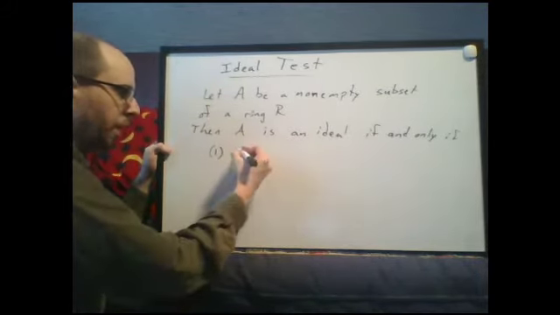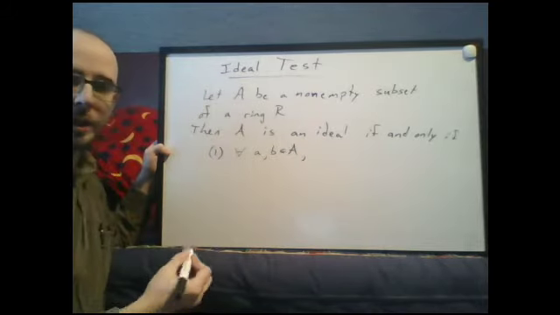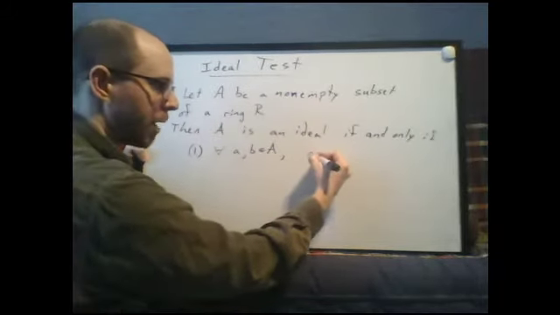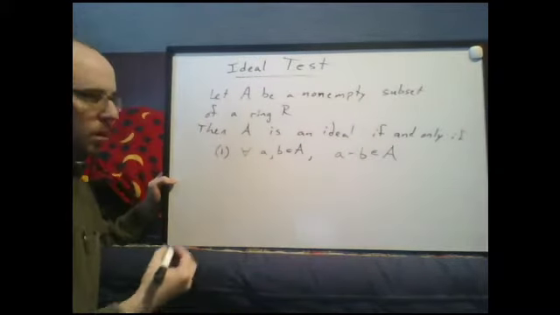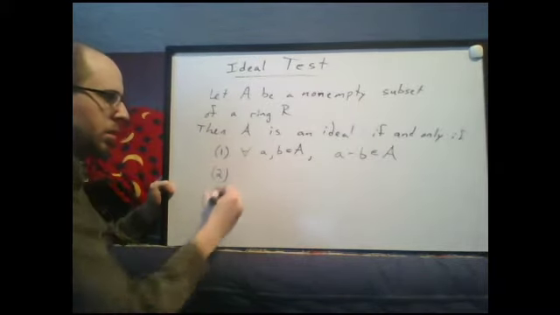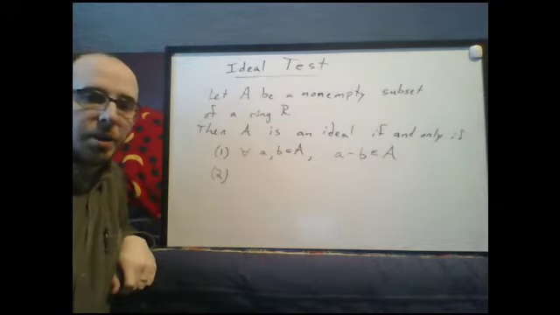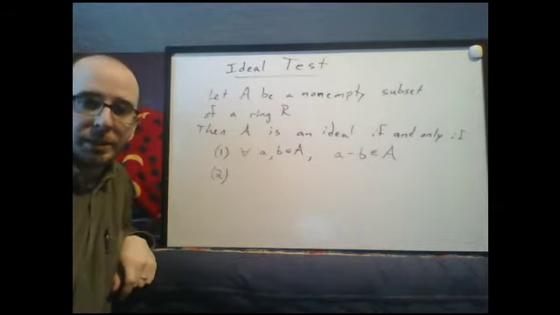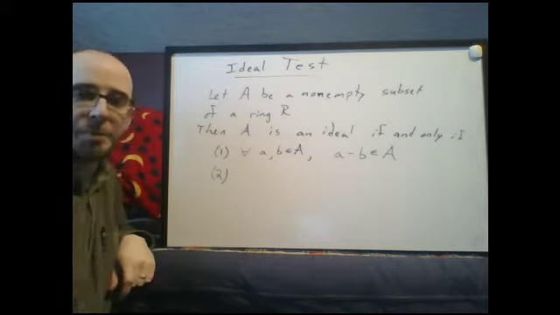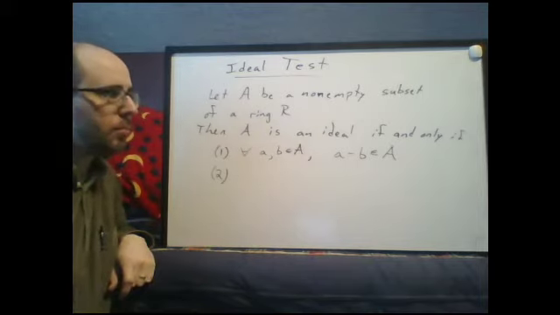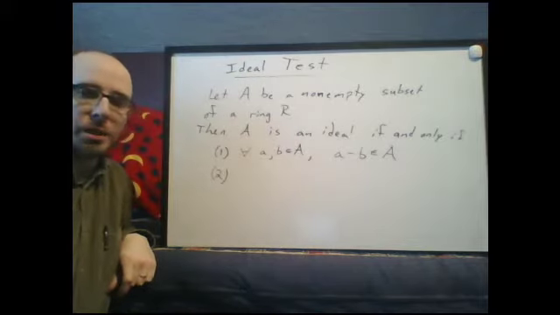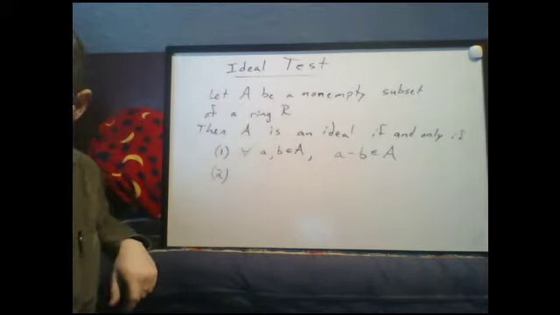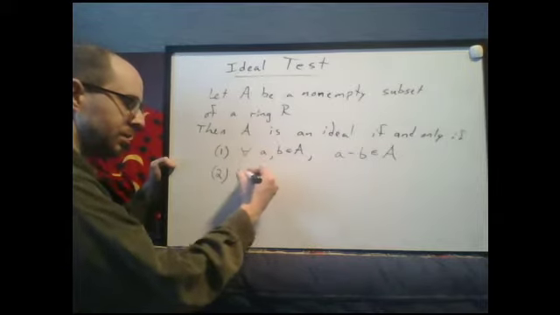So for any a and b in A, it needs to be closed under subtraction, so a minus b needs to be an element of A. Now it also has to be closed under multiplication, so a times b would have to be an element of A, but it also has to satisfy the extra ideal condition about multiplying by things outside of A. So that takes precedence.